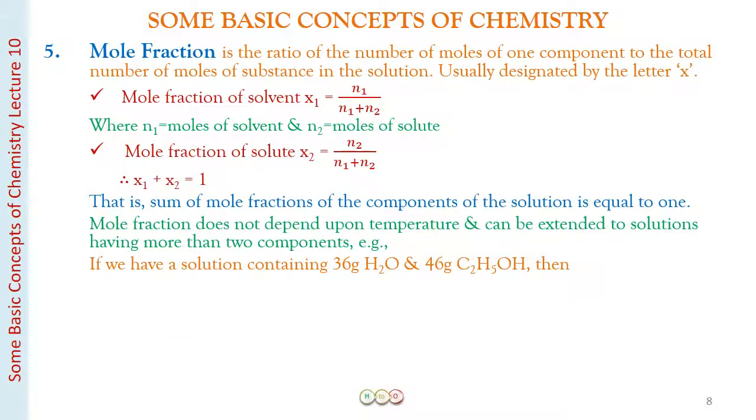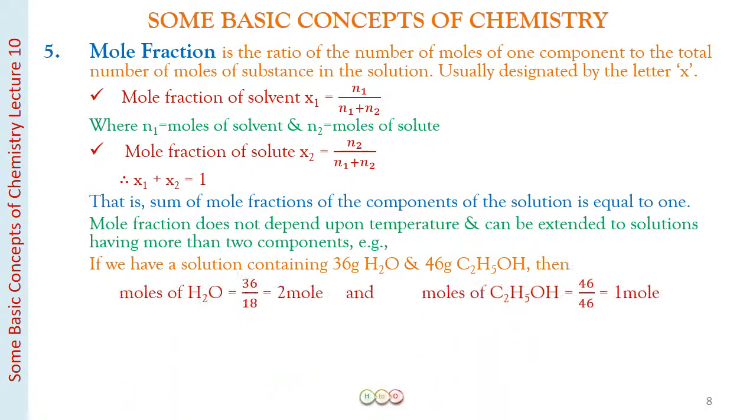Let us see an example. If we have a solution containing 36 grams of water and 46 grams of ethyl alcohol, C2H5OH, what would be the mole fraction of water and ethyl alcohol? For this, you first calculate the moles of both.